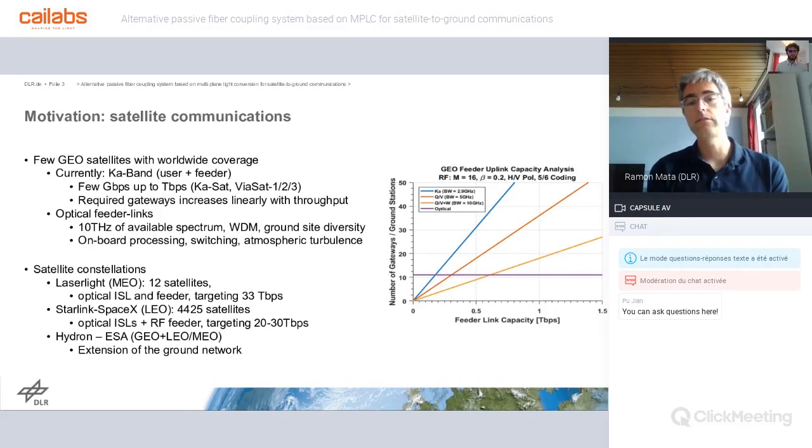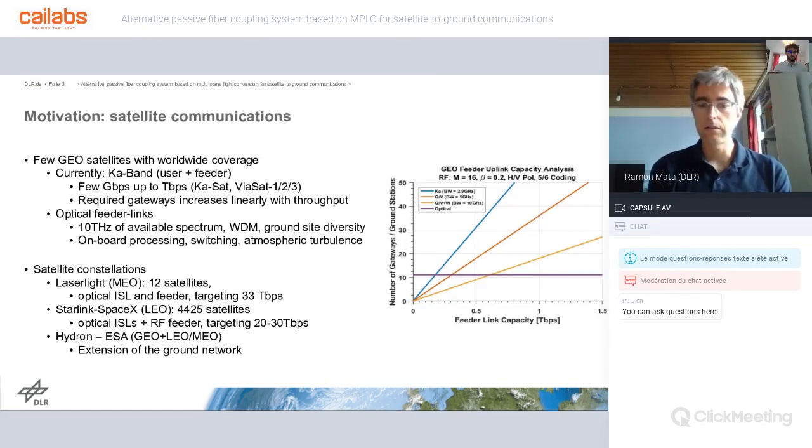You see here the graph on the right part, with the comparison between different bandwidths: if you consider only K band, if you consider Q and V band, and if you consider adding also other bands, the bandwidth available in all these cases is limited to a few gigahertz. The optical horizontal line, this purple line, set to 11, is a rough estimation of the number of ground stations that you require to have clear sky conditions.